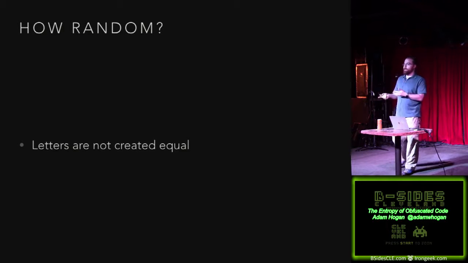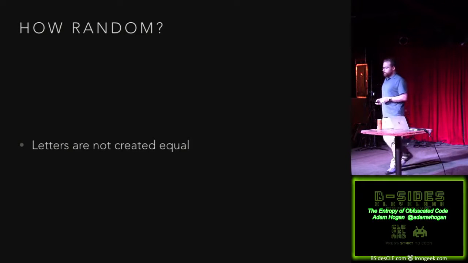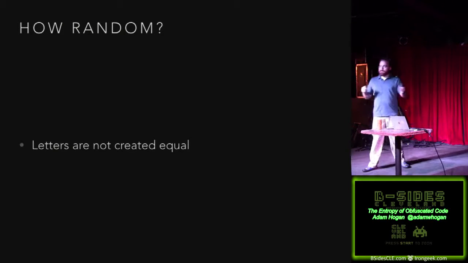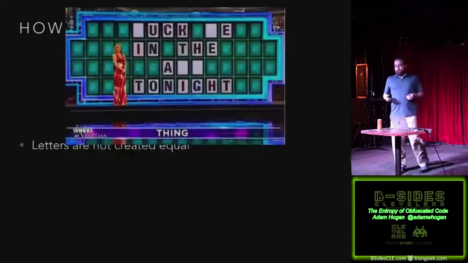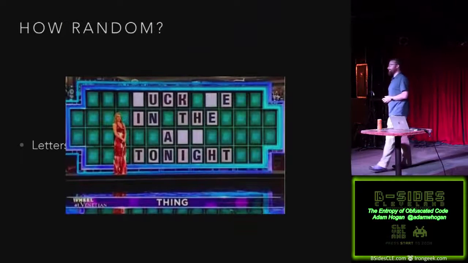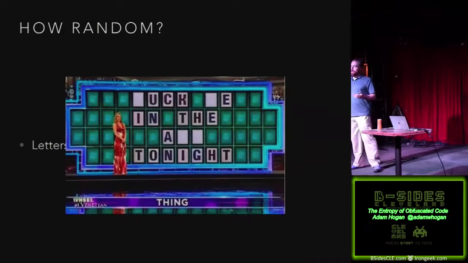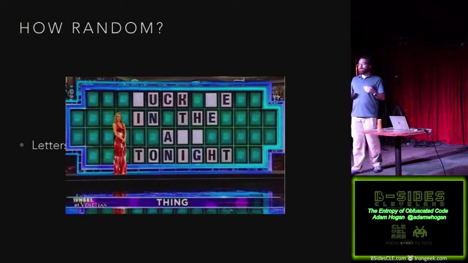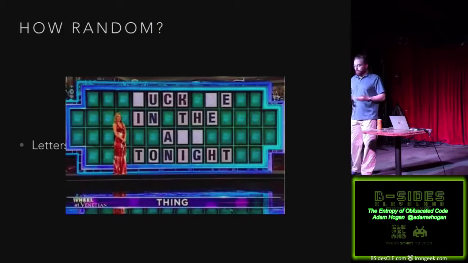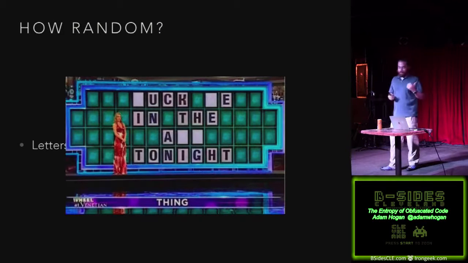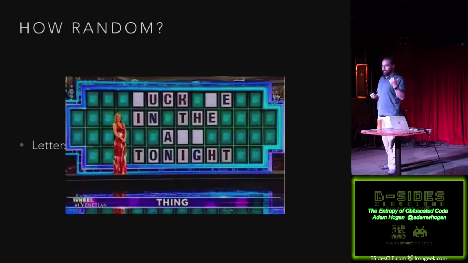Because they're so commonly linked. So we have to look not just at letters as being a random process, right? We know that all letters aren't created equal, so if a few are missing, we can generally make out what the message means. Like this one, which says, luck be in the air tonight, right?